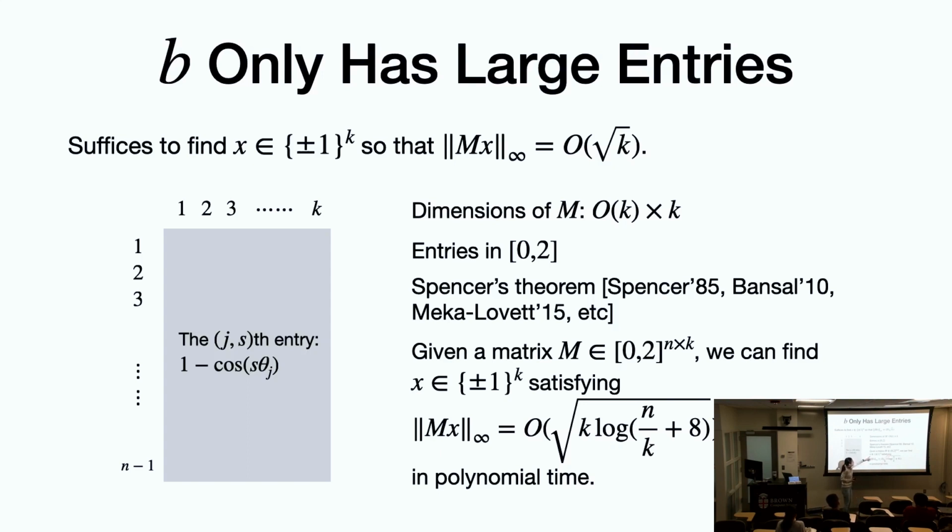Then there exists a k-dimensional vector x such that every entry of Mx has absolute value upper bounded by root k times root log n over k. And later, people showed that we can find such a vector x in polynomial time.